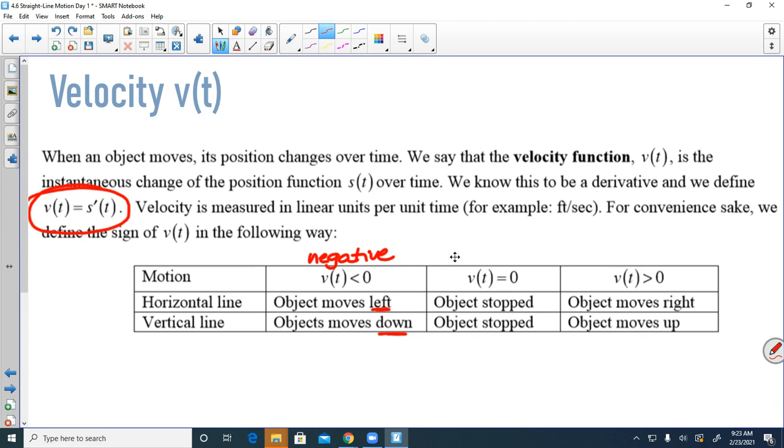If you're given a velocity value that is positive, that would tell us that the object is either moving right for horizontal or moving up for vertical. Because velocity tells us 2 things: speed and direction. And then if the velocity is ever 0, the object is stopped.